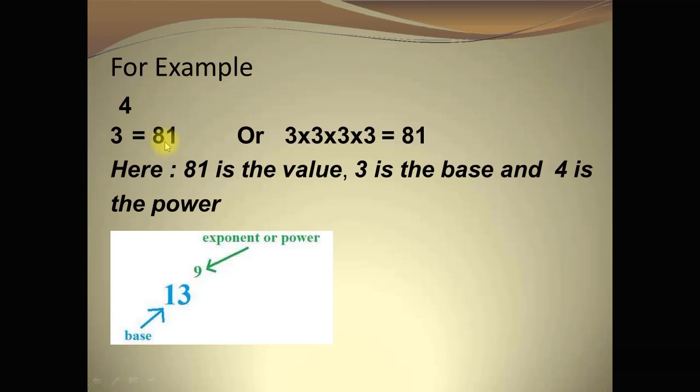Here this 81 is the value of this exponential form, and in this expression 3 is the base and 4 is the power or exponent or index. Another example, suppose we have 13 power 9. In this expression 13 is the base and 9 is called the exponent or index or power.